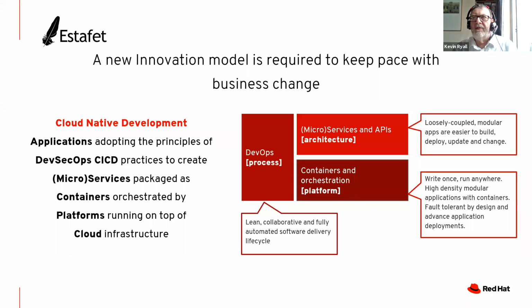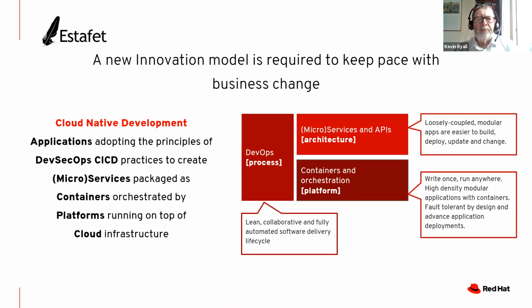So we need a new innovation model; this is the argument that we need a different approach to building our applications. It isn't just sticking stuff on the cloud. There are other approaches which will combine to give you the ability to produce these applications fast and please your customers and your business.